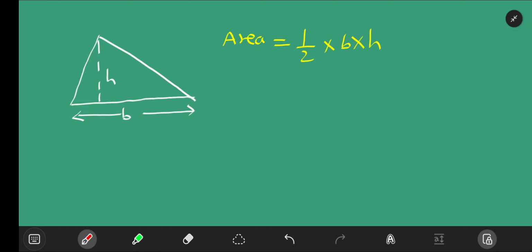Half into base into height. This formula we have studied from our childhood. So this is the formula for this type of triangle. When height and base are given, you have to apply half into base into height.